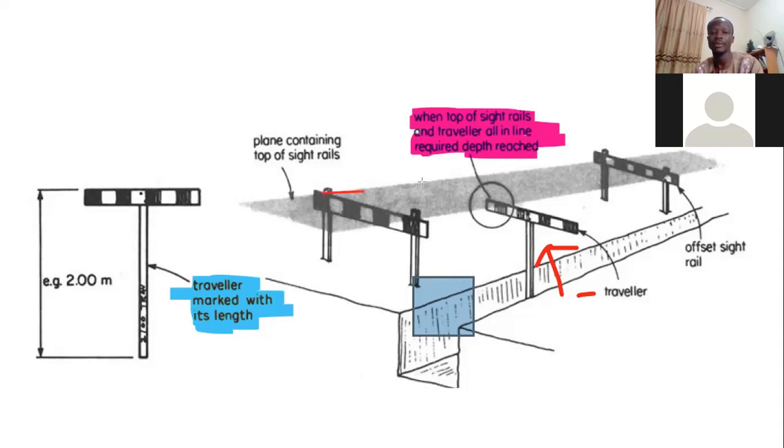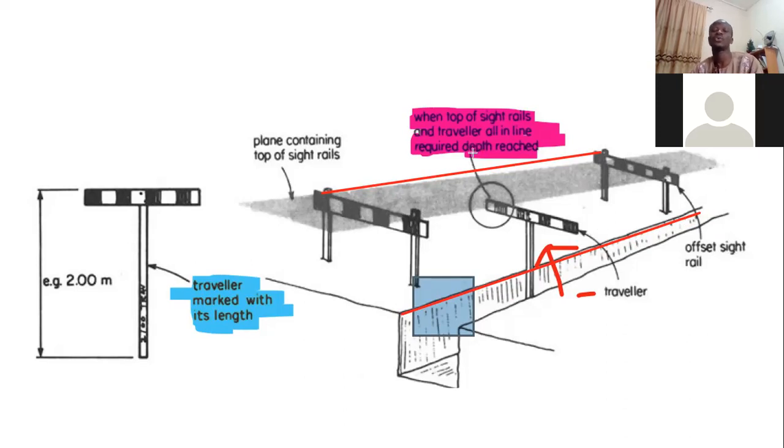If you draw a line from here to here, this line should have the desired slope for the trench. Okay, so these two lines should have the same slope, 1 in K, or K percent, whatever, J percent, P percent, Q percent. Please, I hope we are doing some revision here, right?